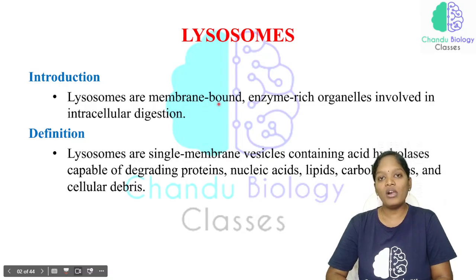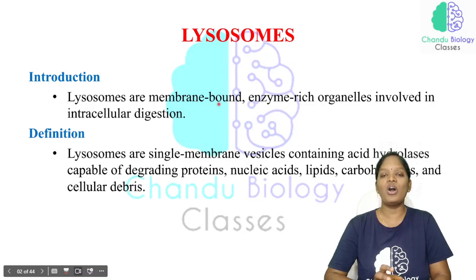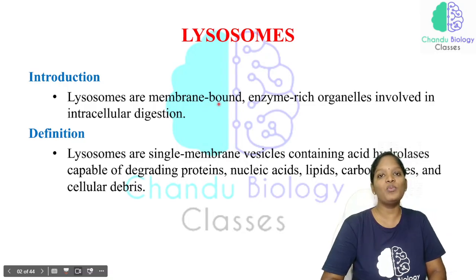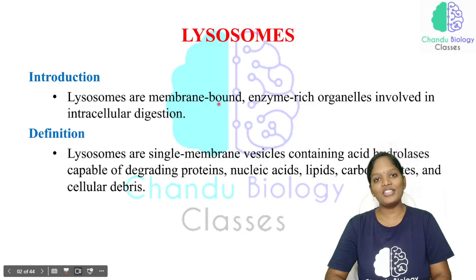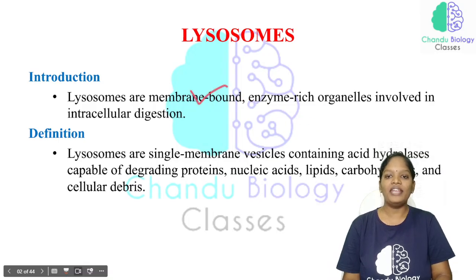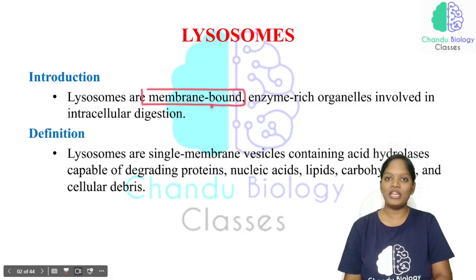Because they are all involved in the intracellular digestion process, which means all the waste products and unwanted materials are digested within the lysosomes, and all this digestion is because of the presence of these enzymes. So that is why it is a membrane bound, enzyme rich organelle involved in intracellular digestion.